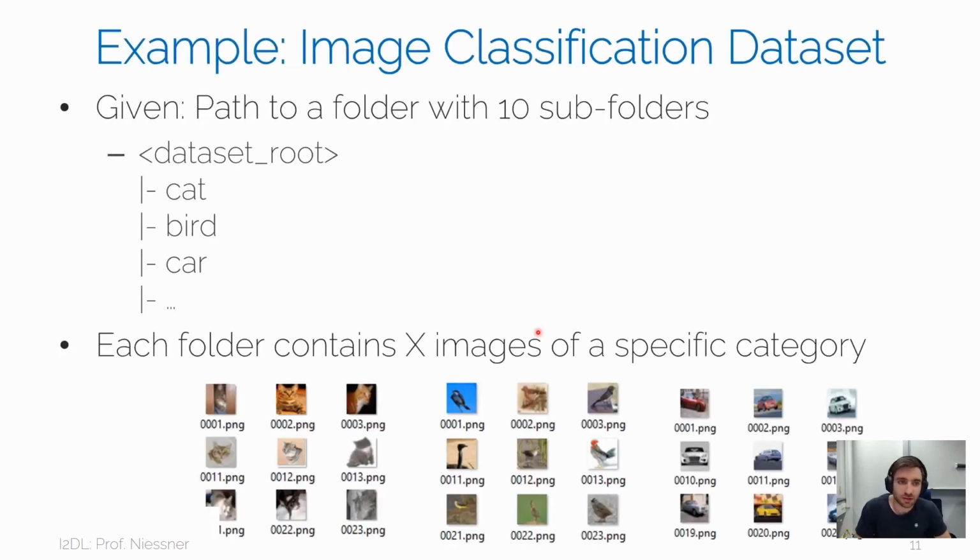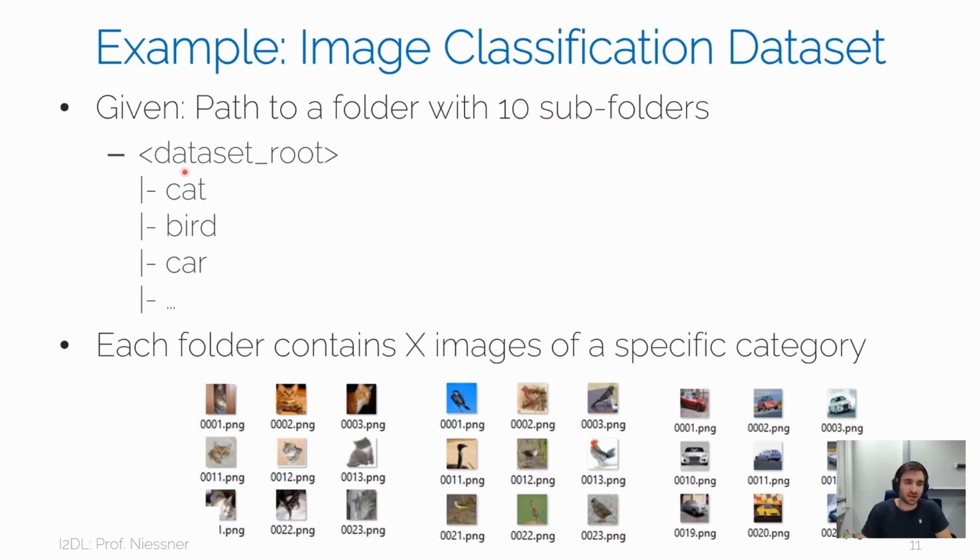Here's an example of an image classification dataset structure. To give you a more concrete example, you can give it a path to a folder, which you're also going to see during the exercise. This folder has 10 subfolders.